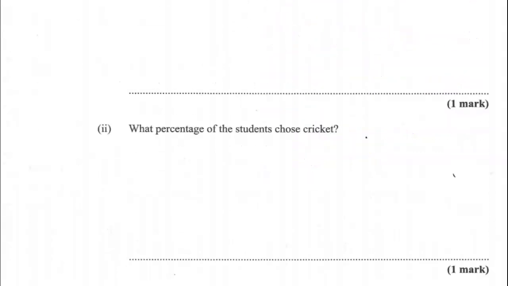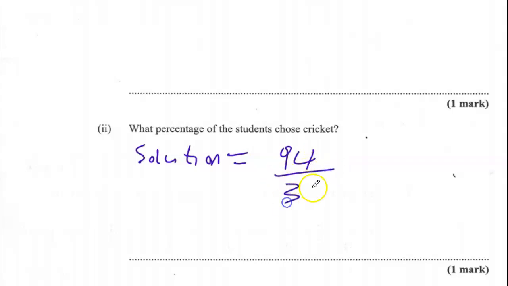And of course, for this solution, it's 94 degrees out of 360, right? 94 degrees out of the total, which was 360. And we're talking about percentage, so we times this by 100. And we end up with, let me just get my calculator here.